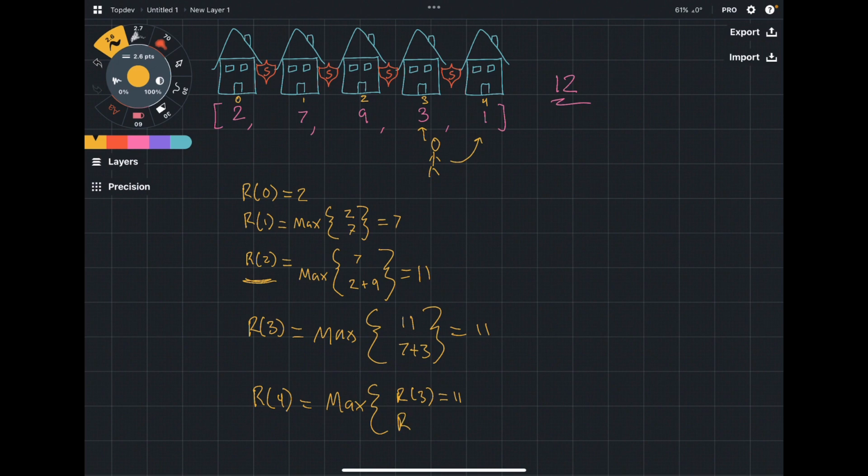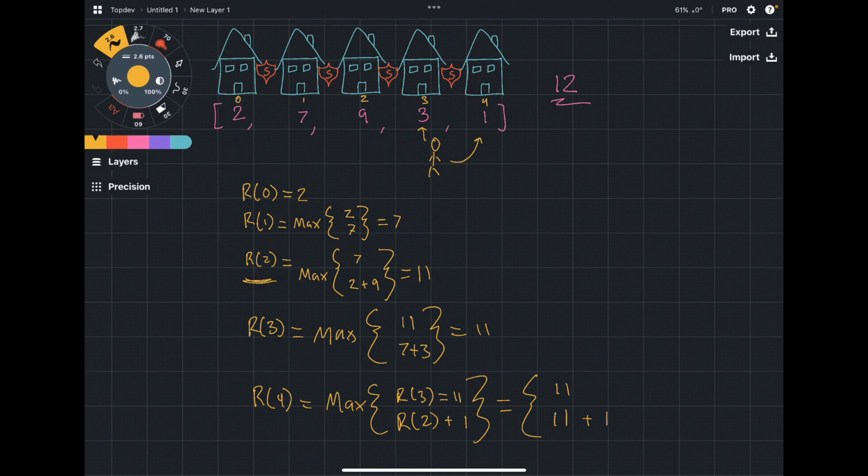So if I was to rob house number 2 and 4, what would I get? Well, I have R of 2 plus 1, which this 1 comes from right here. And that's equal to 11. And then R of 2 is 11 plus 1.